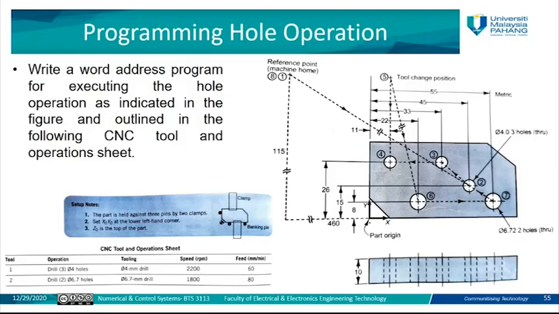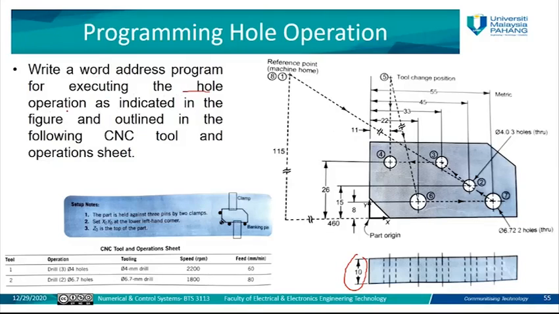This is the workpiece with predefined dimensions for the x-axis, y-axis, and the thickness, which is the z-axis. It asks you to write a word address program for executing the hole operation.